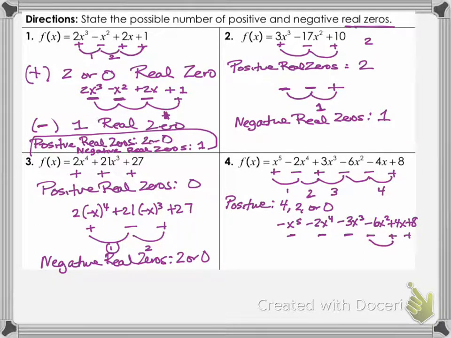So I'm going to have one sign change here, and that's it. So positive, oops, I'm on negative, sorry. Negative real zeros is 1. So that was 4, 2, or 0 for the positive, and only 1 for the negative.